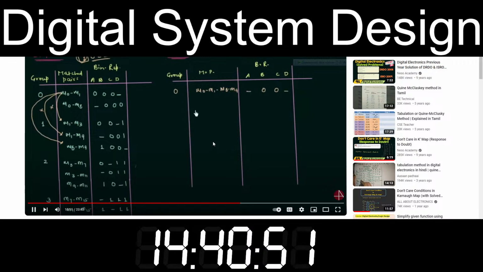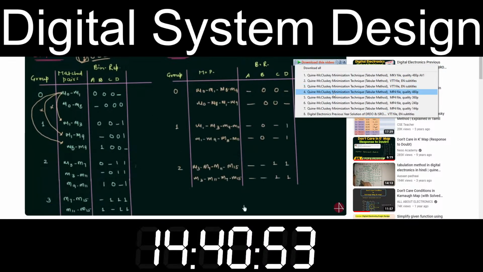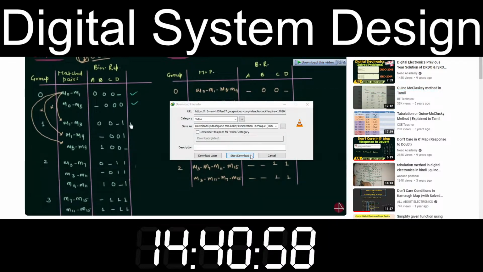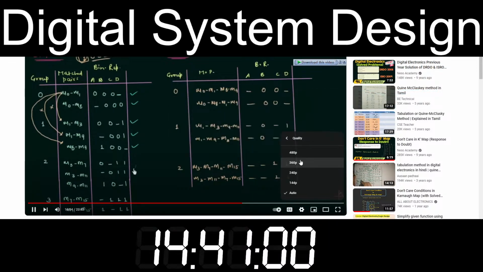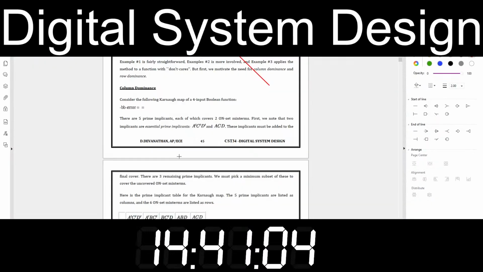In the same way you have to complete this table. I hope your table is the same as this one, and don't forget to put a tick mark. All the matched pairs are involved, so I will put a tick mark in front of all these matched pairs.